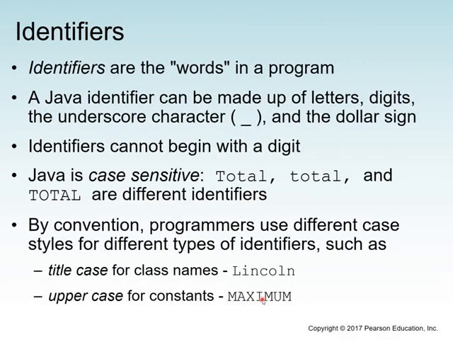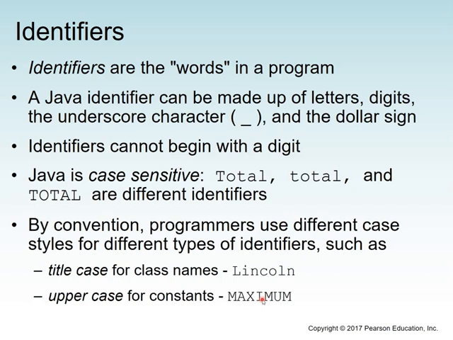So what about some identifiers? These are the words in the program that we can use to name variables, or we can use to name classes, we can use to name methods, and those sorts of things. Now, there are some rules here.